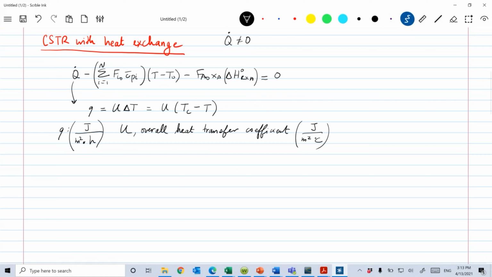So effectively, the heat you add is going to be q times an area times delta T, so it's going to be UA delta T.